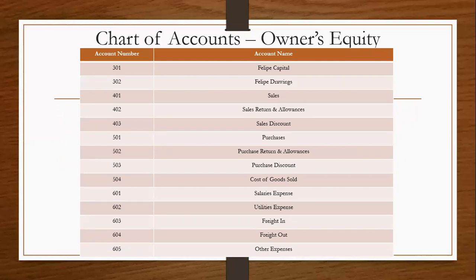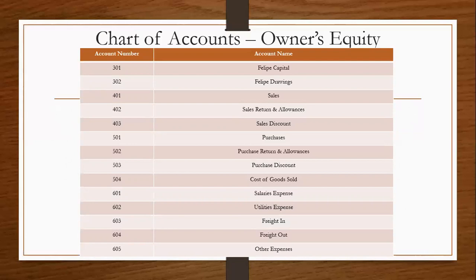Here are the examples of the owner's equity, and there are four factors affecting the owner's equity. The first one is investment. Once the owner invests, we will use a capital account. The second one is drawing, or once the owner withdraws a certain amount of money from the company, we will use a drawing account.